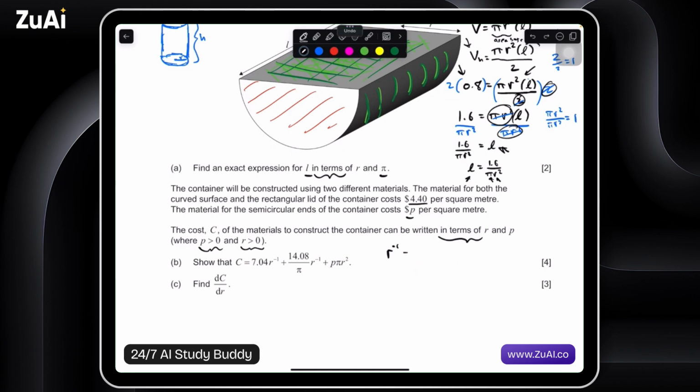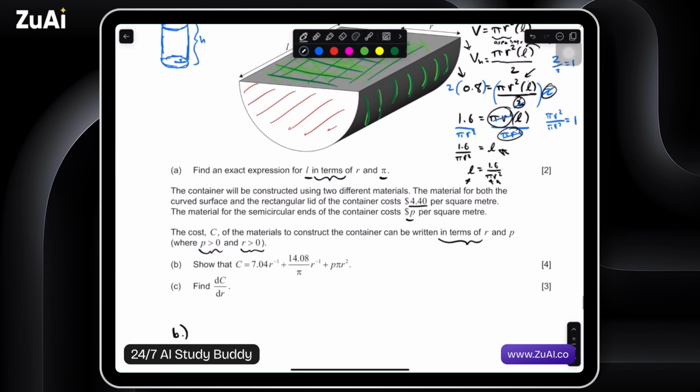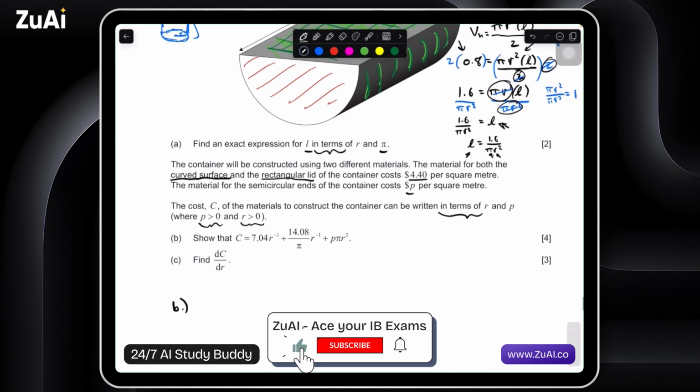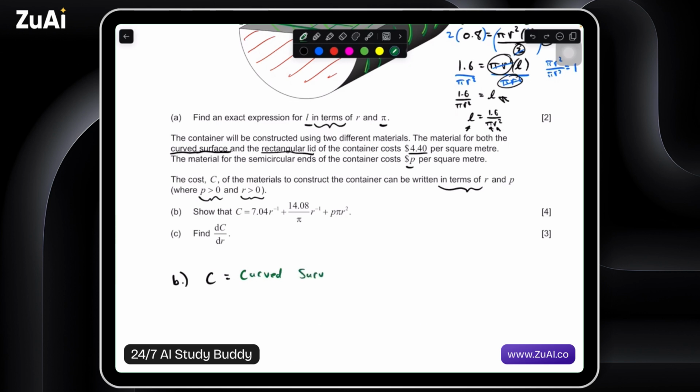Okay, so let's try to work this out. Need some good space. Here's B. Okay, so what do we know? Cost is 440 per square meter, and that's for the curved surface and the rectangular lid. So let's write out cost equals, and then let's write it out in terms of curved surface plus rectangular lid, that's all going to be equal to 440 per square meter.